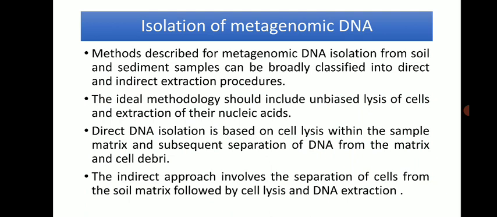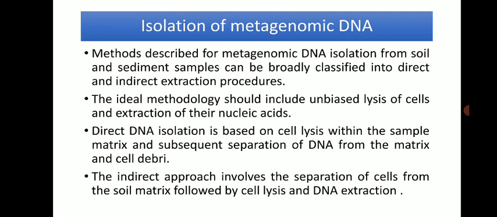The direct DNA isolation method is based on cell lysis within the sample matrix and subsequent separation of DNA from matrix and cell debris. So in the direct method, the cell is lysed directly at matrix sites, and after lysis the leaked DNA is isolated.